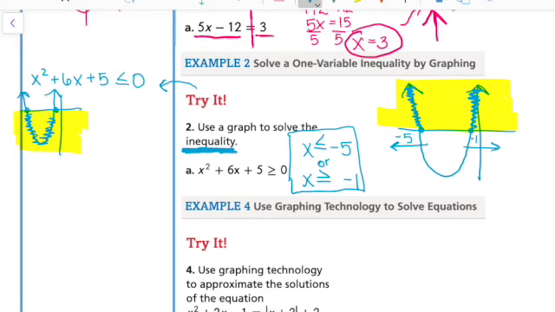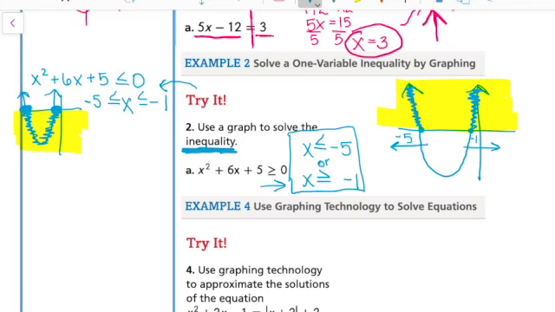This time we have one connected piece between 2 points. So to say between, I put x between the two numbers, smallest to largest. So smallest number is -5, largest number is -1. And then I use the less than or equal to symbols in between.